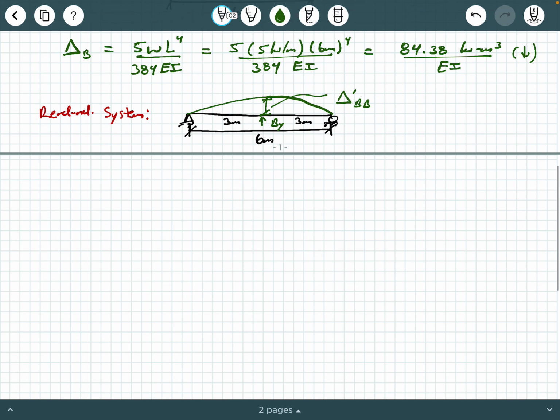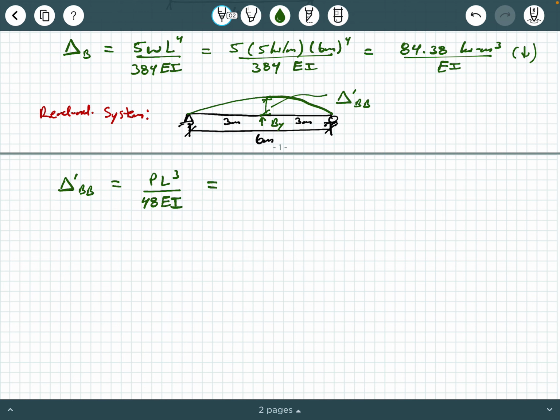Well, again, we're going to use a pre-derived formula, delta prime BB. And the pre-derived formula we're going to use is PL cubed over 48 EI. Again, that is the deflection at the midspan of a simply supported beam due to a single point load at its midspan. And you can find this formula in pretty much any mechanics of materials or structural analysis textbook.